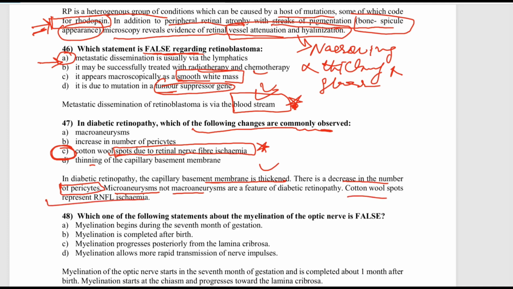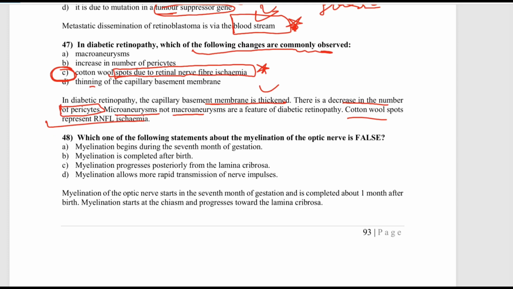Which of the following statements about the myelination of the optic nerve is false? The options are: myelination begins during the 7th month of gestation; myelination is completed after birth; myelination progresses posteriorly from the lamina cribrosa; myelination allows more rapid transmission of nerve impulses.